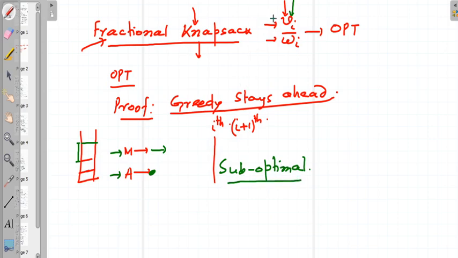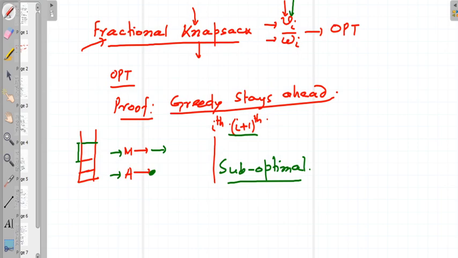Up till this point everything is the same, and then what will happen in the next I plus 1 iteration. That is the idea with which we can prove that this fractional knapsack leads to the optimal solution.